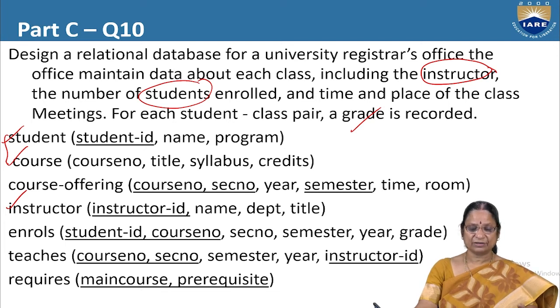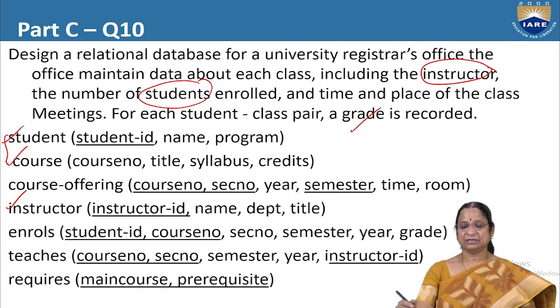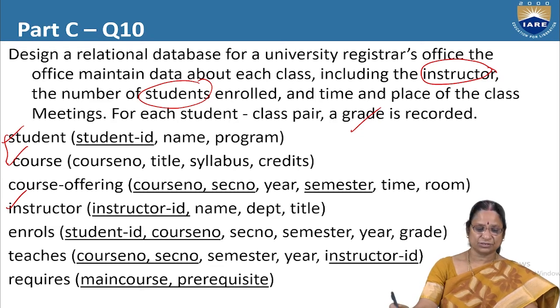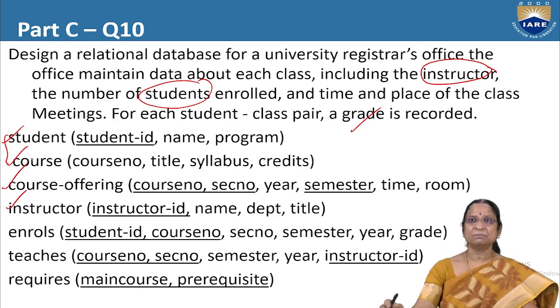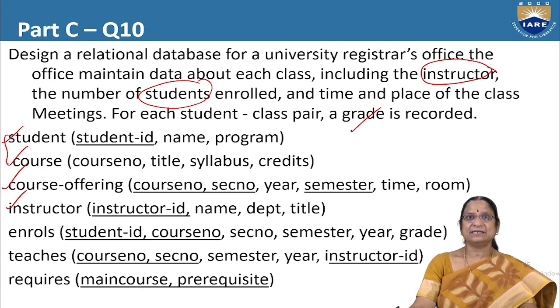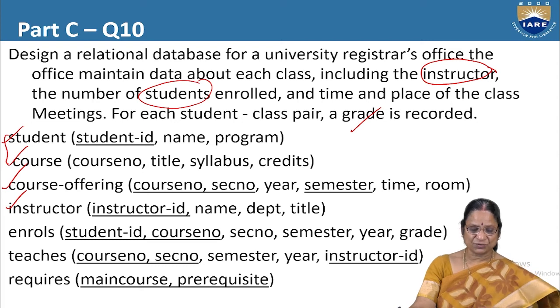And course offering: every semester, in a particular room and every year, a course is going to be offered to a section for a semester. So course offering is a relationship among the course and the time. And teaches is a relationship among the course, course offering and instructor.